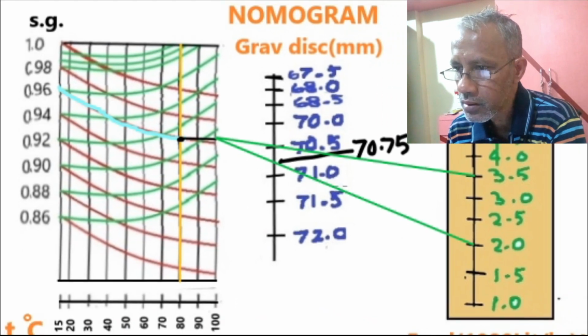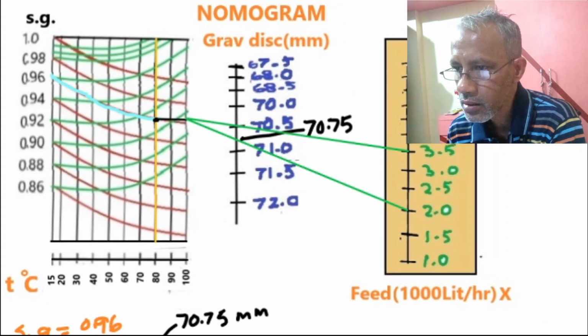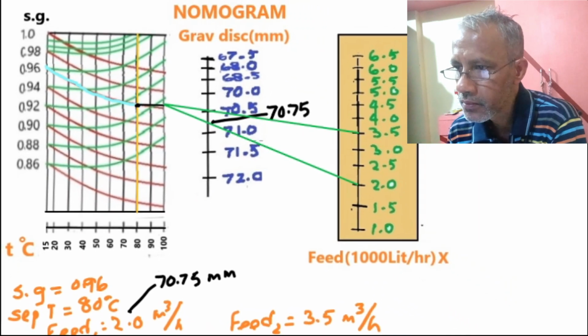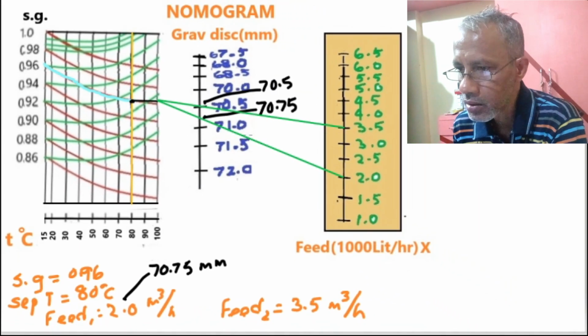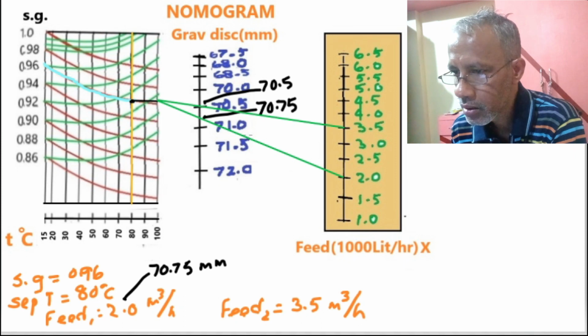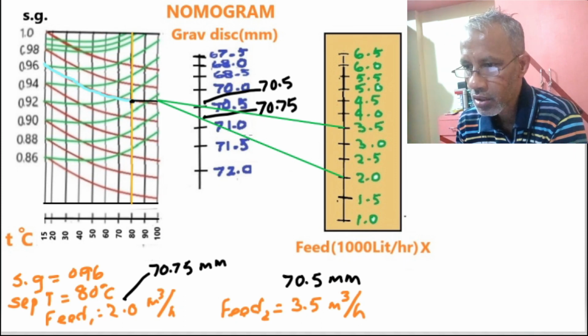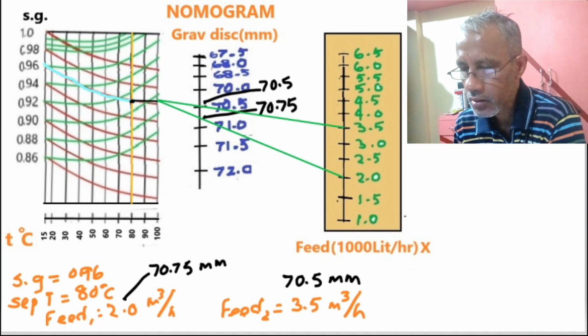So the size of the gravity is exactly at 70.5 mm. So this is how the two different feed rates require the gravities of different sizes.